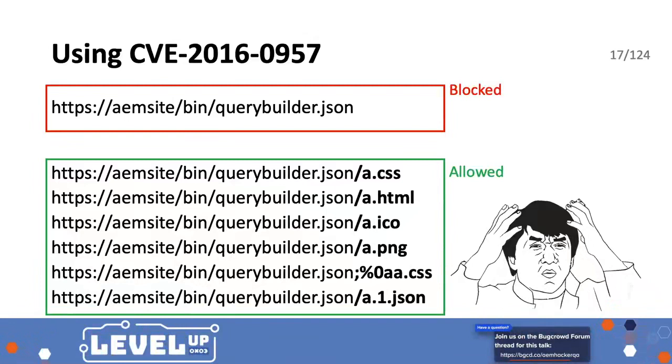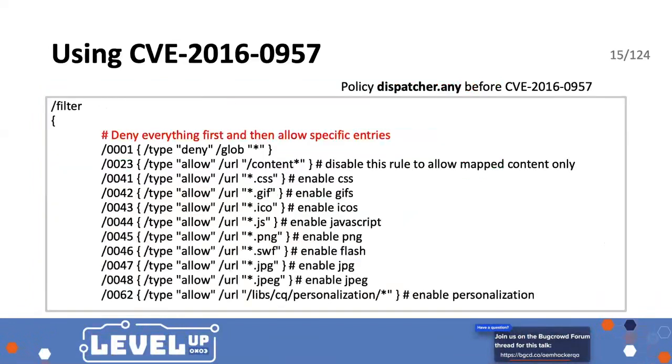Let's return to the policy. If we add /a.css to the URL, request is allowed because of rule 0041. It has allow type, and it's the last rule that matches our request.